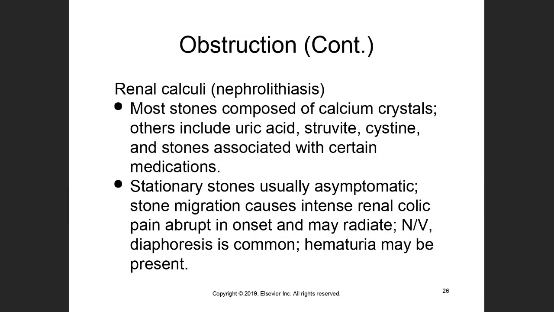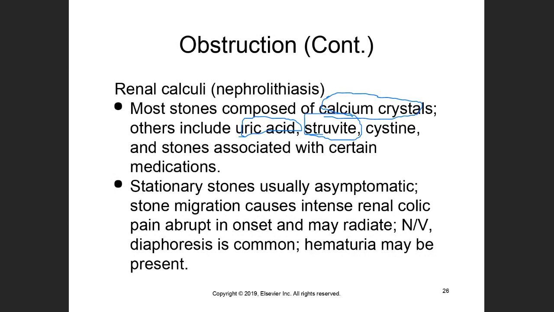Most stones are composed of calcium crystals, that's the main composition of kidney stones, but we also have uric acid stones. Patients that have, for example, gout have a higher level of uric acid and are at risk of uric acid stones. Okay, a struvite stone is a huge kidney stone that needs surgery and is produced most of the time by bacteria, and it's really common in females.